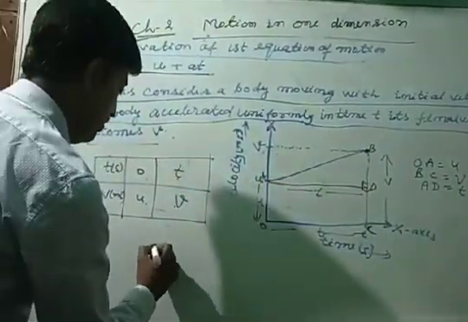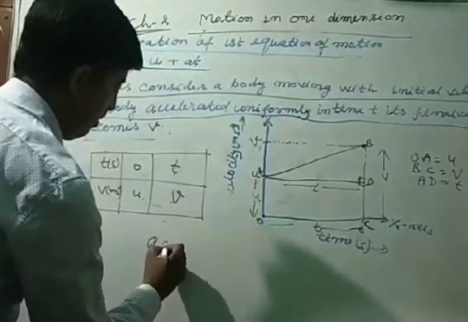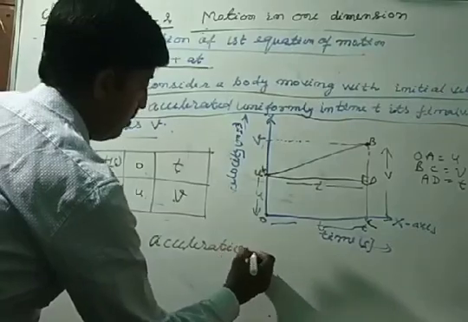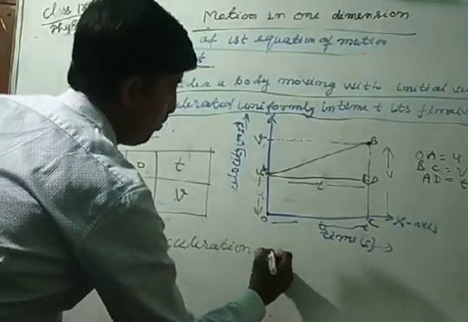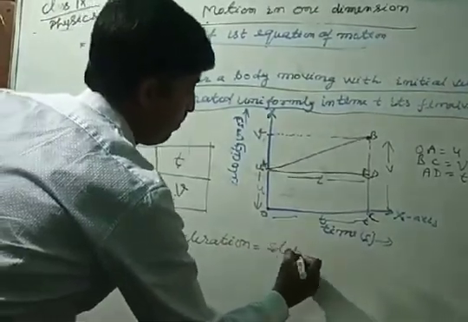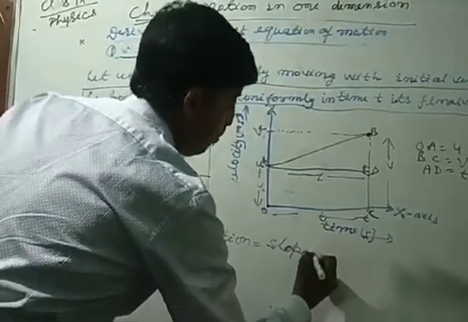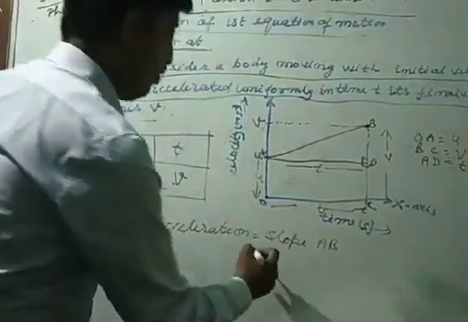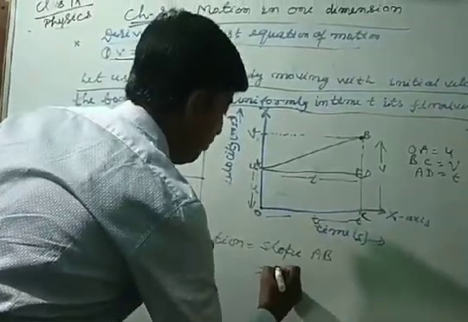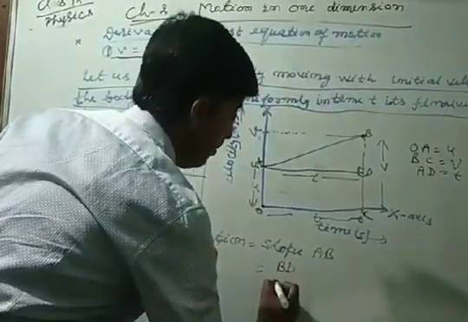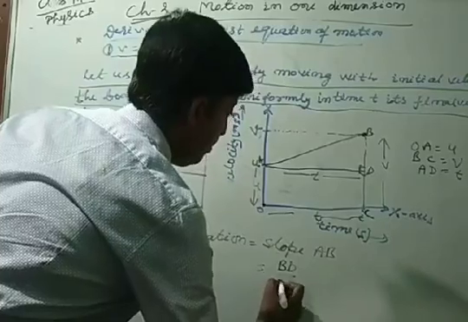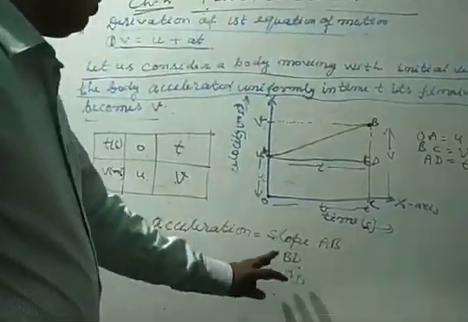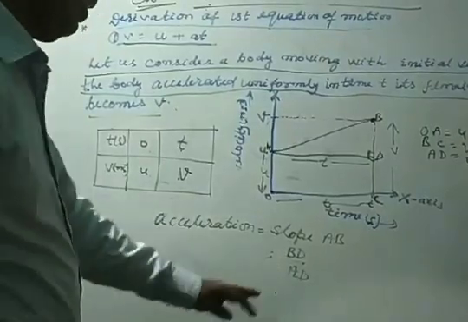So acceleration is equal to slope AB, which is BD by AD.